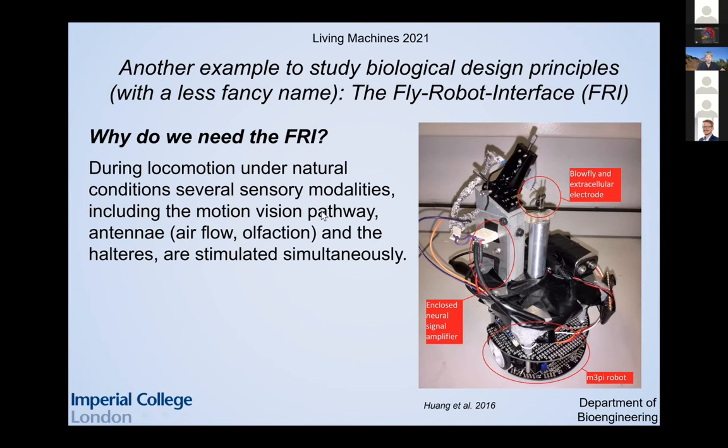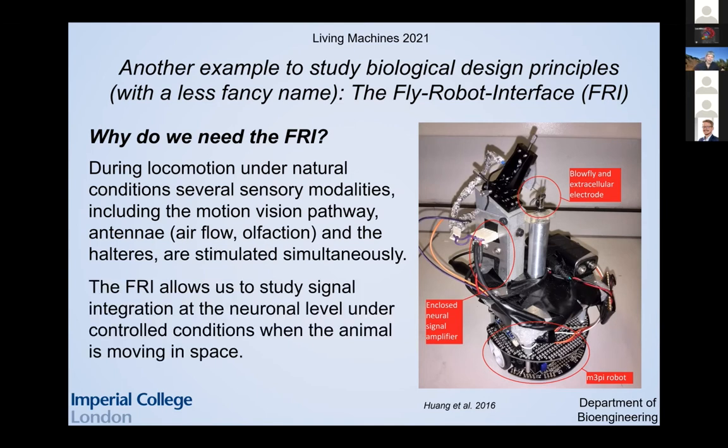Because one of the major limitations, if you are operating on the nervous system and you want to understand how the nervous system and neuronal circuits work to coordinate behavior, is that you normally have to fix the animal in place and it cannot move, and you have to control all the different sensory modalities so that you can make sense of the results. But in fact, the animal does not move in space. So you can then go for a very different system.